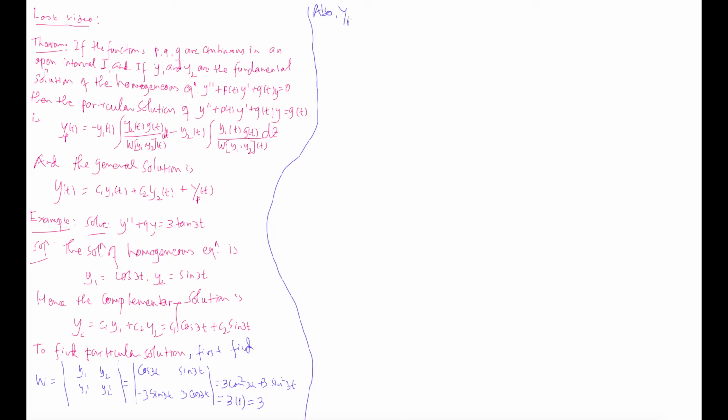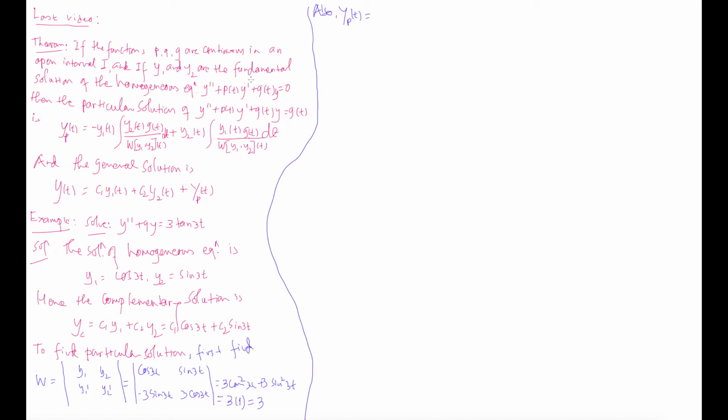Okay, let us find the particular solution using the formula. For y_p(t), let's write negative y1(t), and since the Wronskian is just a number, not a function of t, I'll pull it out from each of those.